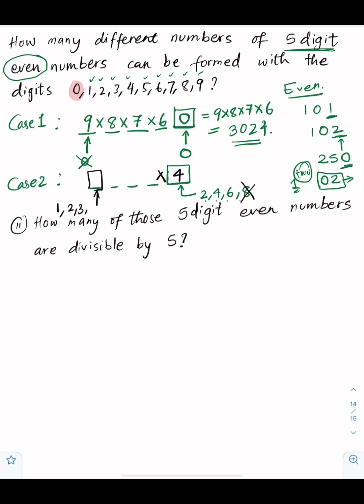Yes. 3, 4, 5, 6, 7 yes, 8 cannot because it occupied the last space. Then you're left with 9. So how many numbers are available? 1, 2, 3, 4, 5, 6, 7, 9, so 8 numbers are available.